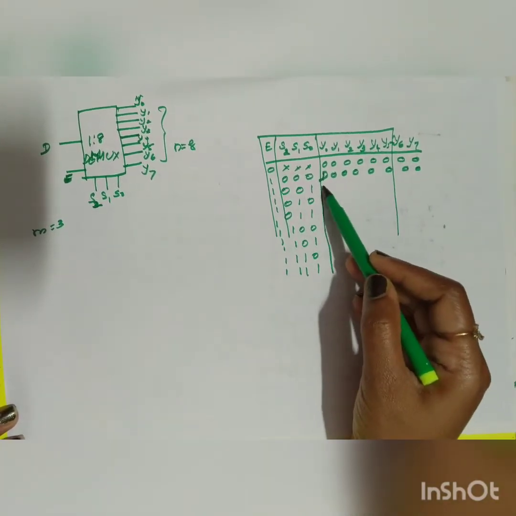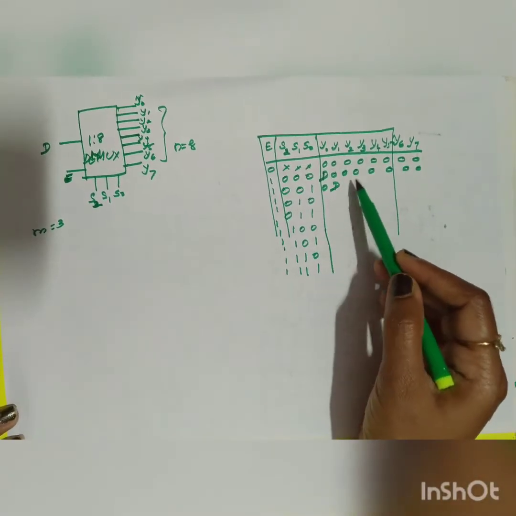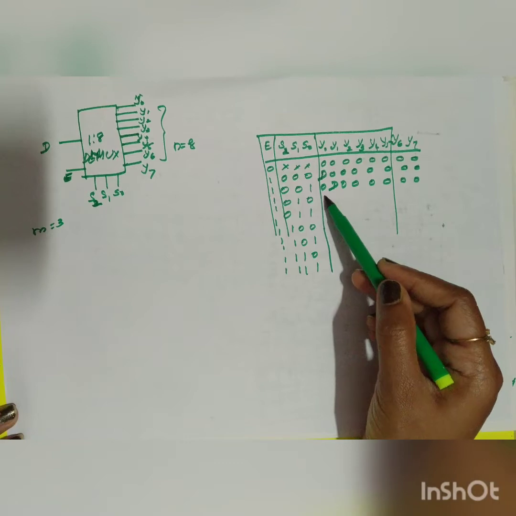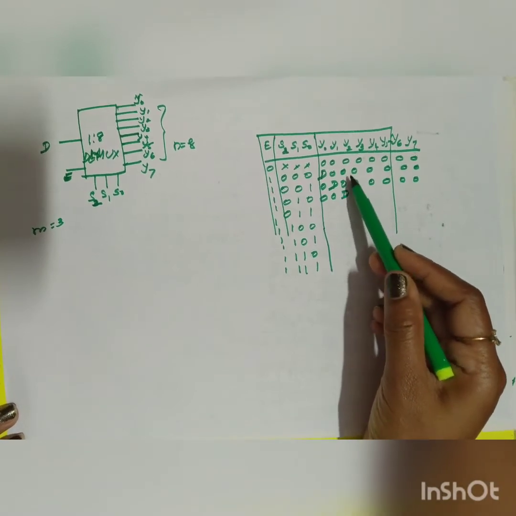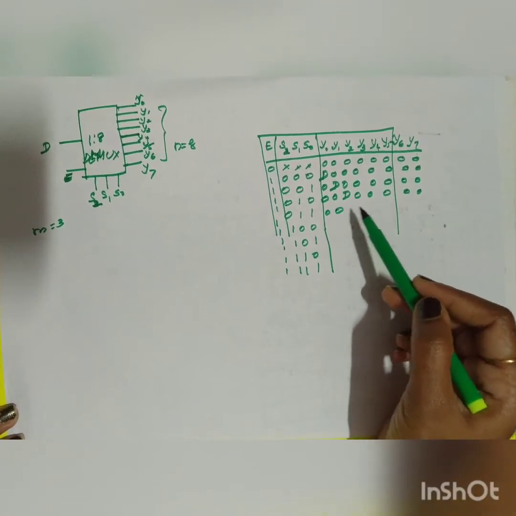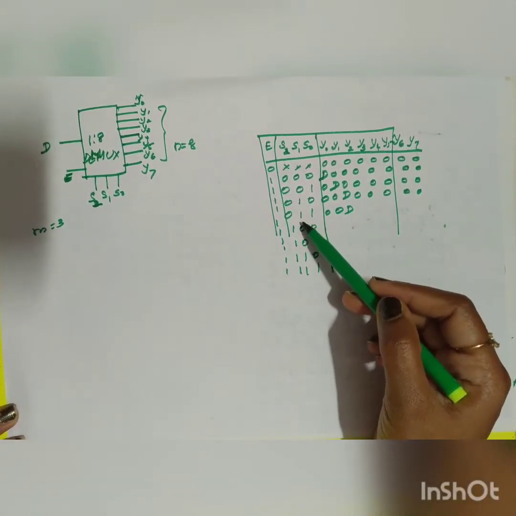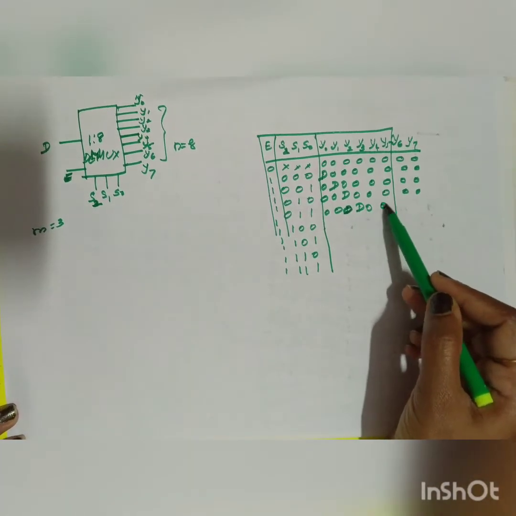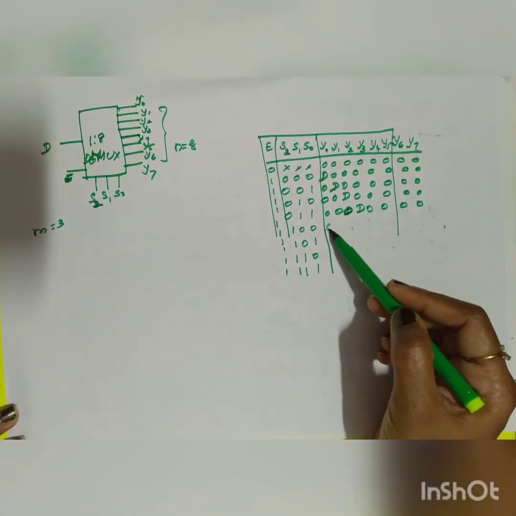When it is 0 0 1, you will be getting the data across Y1. All other cases it is going to be 0. Similarly, for 0 1 0, you will be getting the output across your Y2. All other cases it is going to be 0. The next case is 0 1 1, you will be having the data in Y3. All other cases you will be getting 0.